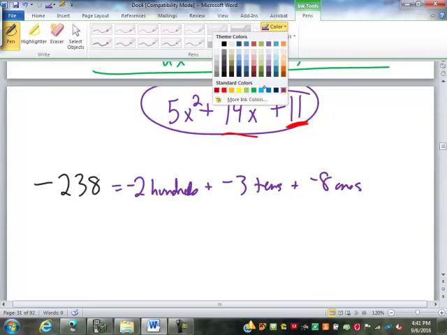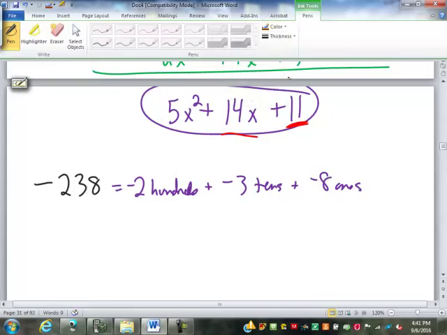Every digit is negative. However, in our algebraic number, I could have 7x squared and a negative 3x and a positive 9. Each digit can be positive or negative on its own, which complicates things a little bit for us.